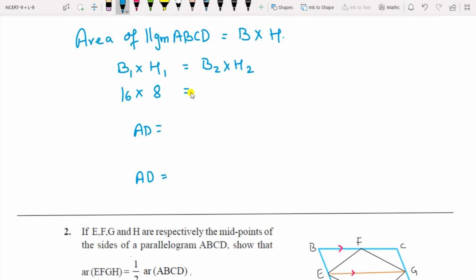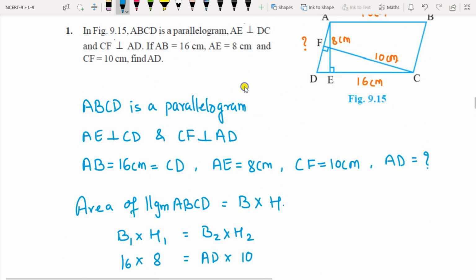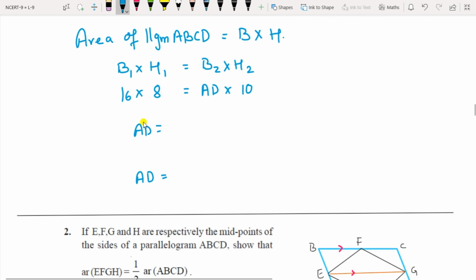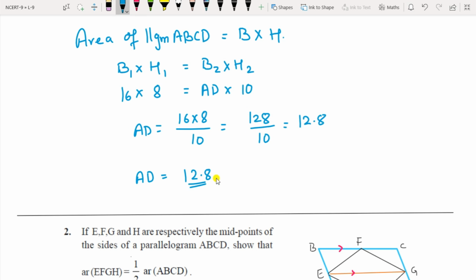The second base that you have to find is AD, and its respective height is 10. Now you have to find AD, so it will be 16 into 8 by 10. That gives you 128 by 10, which is 12.8. So AD is 12.8 centimeter. Okay.